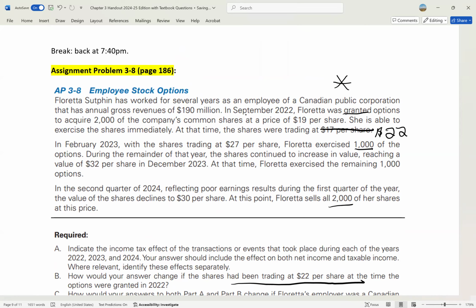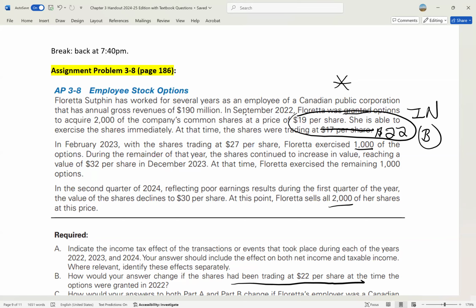The difference here then is when the option was granted, it was in the money. So this is Part B of the question, where they change the fair market value when the option was granted. Rather than 17, it's 22.